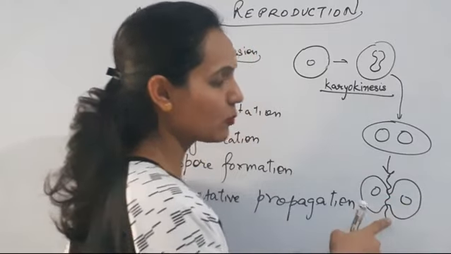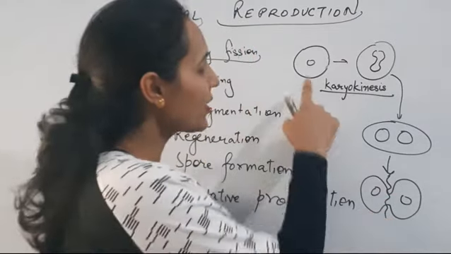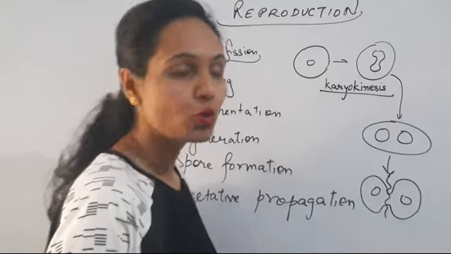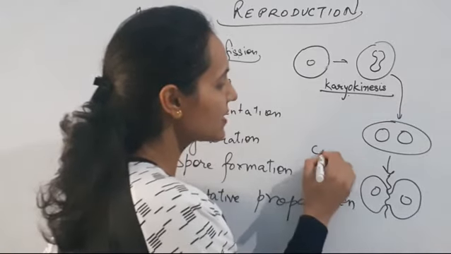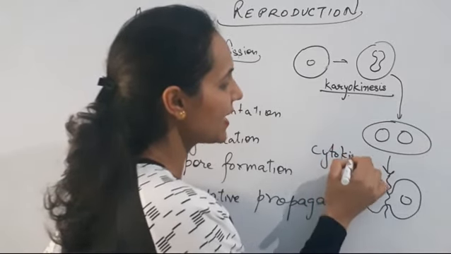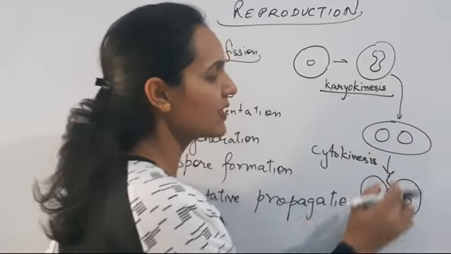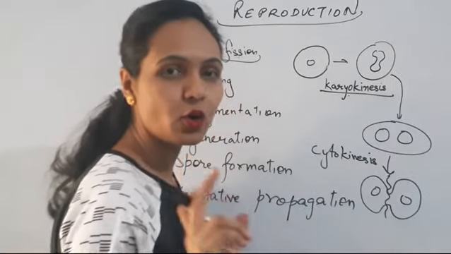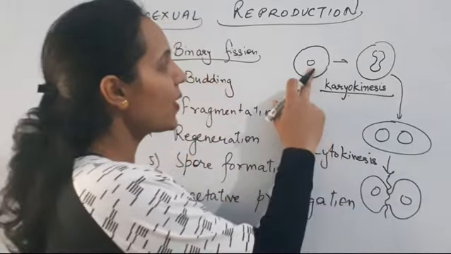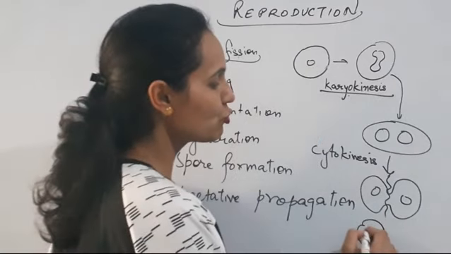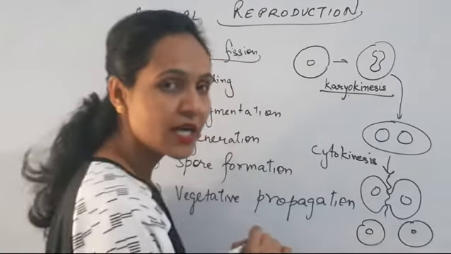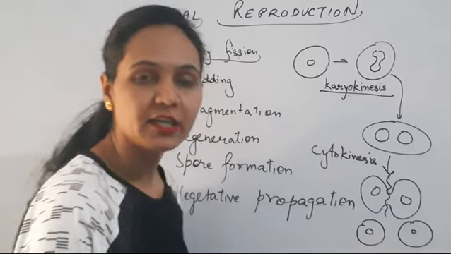Clear? After nucleus division, when the nucleus gets divided into two, the cytoplasm starts dividing. Okay, see the cytoplasmic division. So one organism splits into two by the process of karyokinesis and cytokinesis. Cytokinesis is the cytoplasmic division which occurs in an organism. So here one organism separates into two daughter cells. You can see this is known as binary fission.